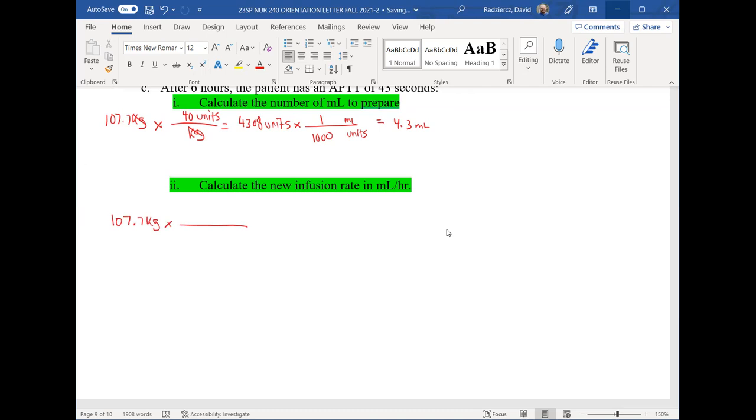So 18 plus 2 is 20 units per kilogram per hour. That will give me 2,154 units per hour.